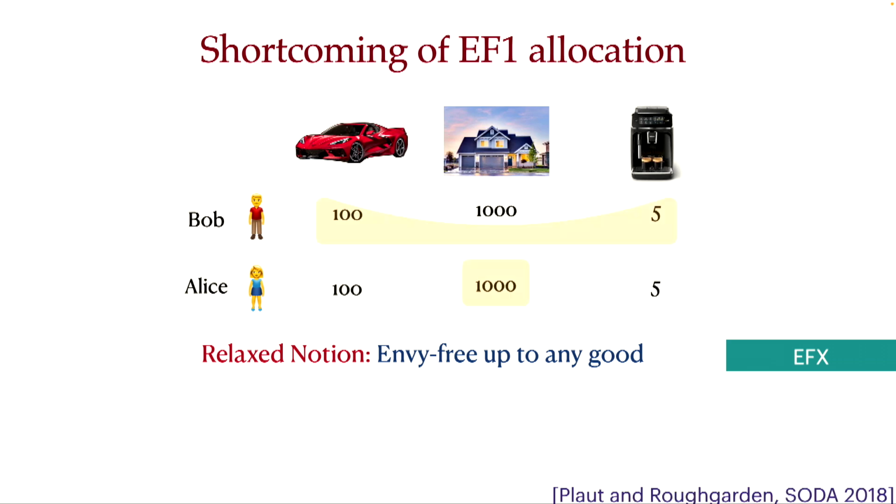As he said, if I look at this allocation, this is EFX. Why? If you forget the 1000, it was only one thing, Bob does not envy Alice, right. From Alice's perspective, if you forget the car, then also she does not envy Bob. Alice does not envy anyhow.